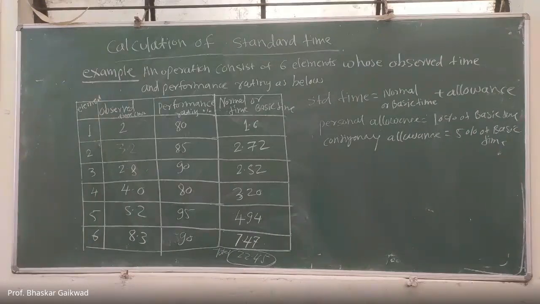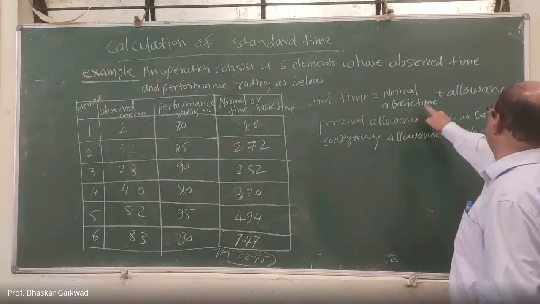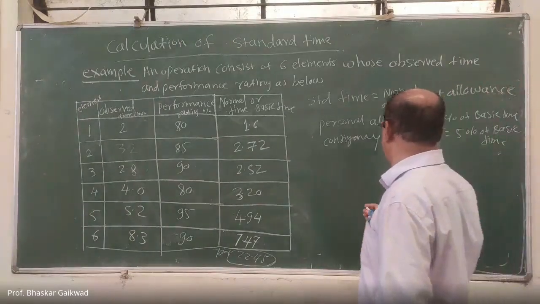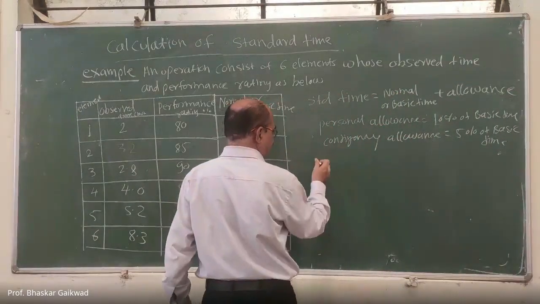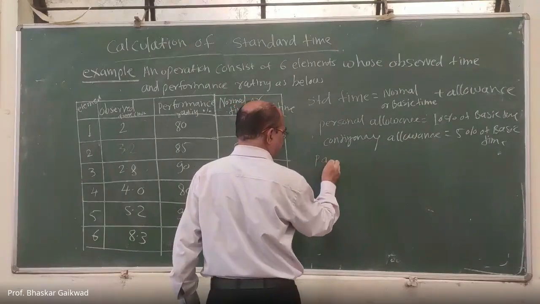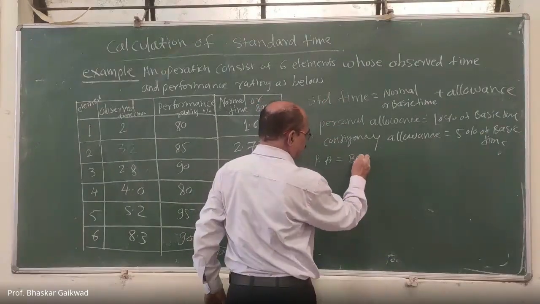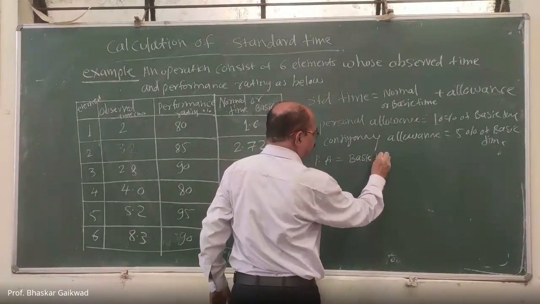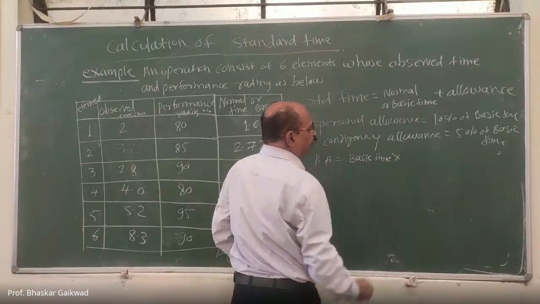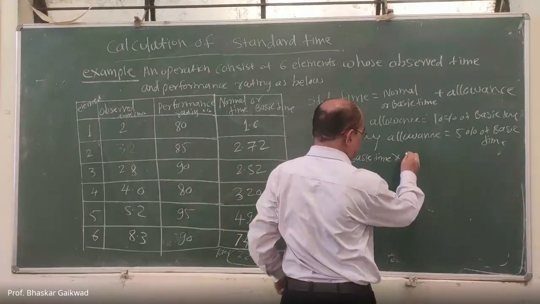How to calculate personal allowance? So as per the personal allowance, you can add both allowances here. So first personal allowance is equal to basic time into 10%.